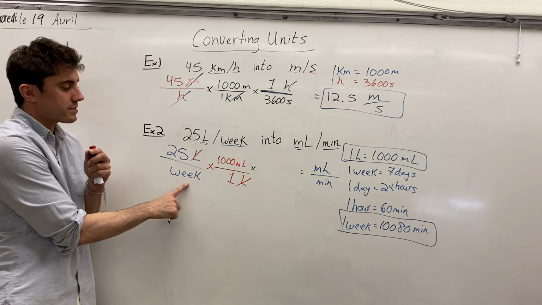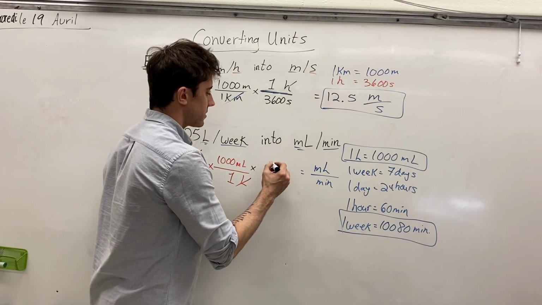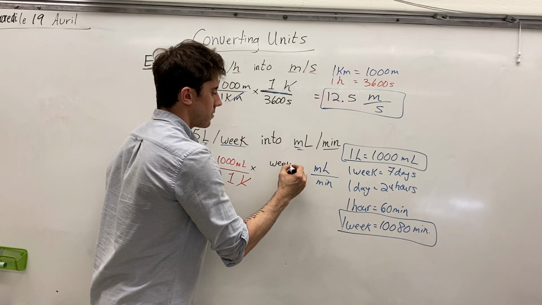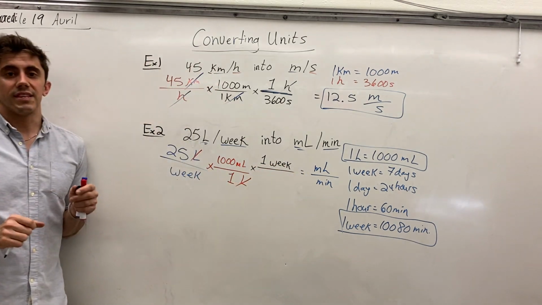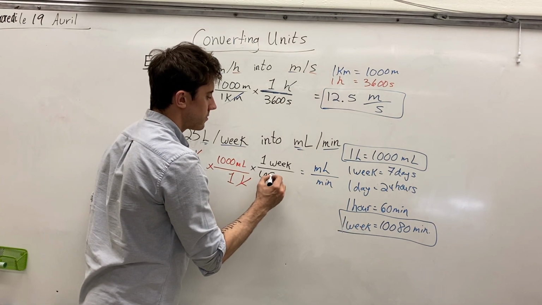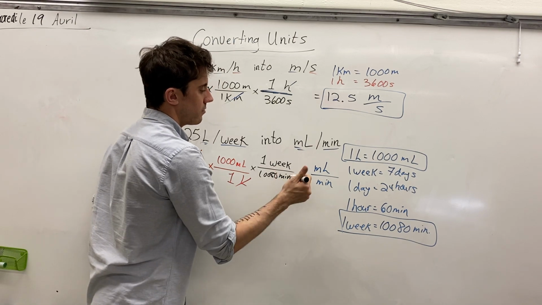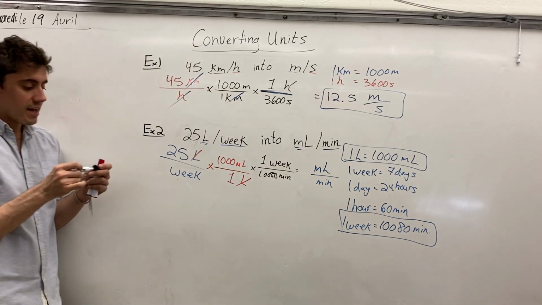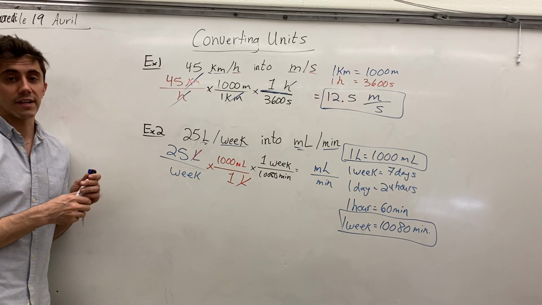Now, the weeks are in the denominator, the bottom here, and so if they want to cancel out, they need to be on top in the numerator in this step. So 1 week is 10,080 minutes. And now we have our conversions ready to go.